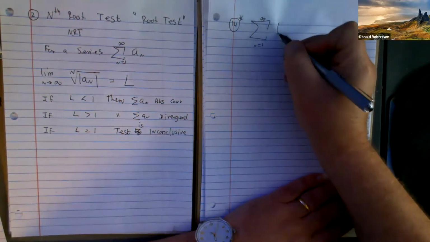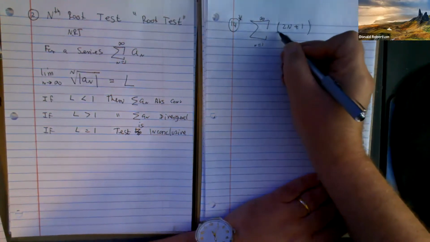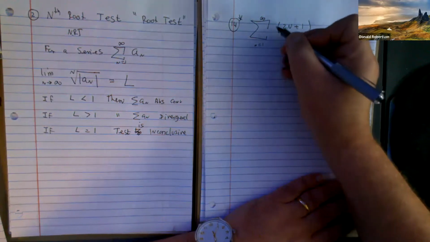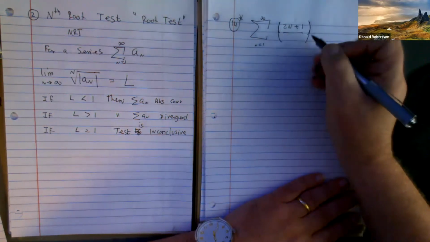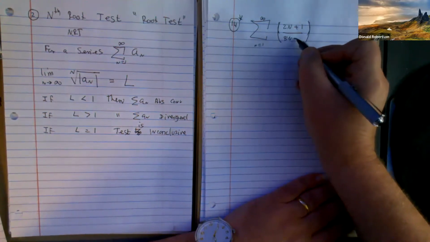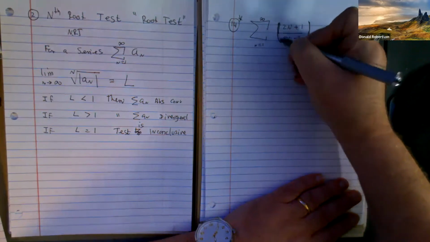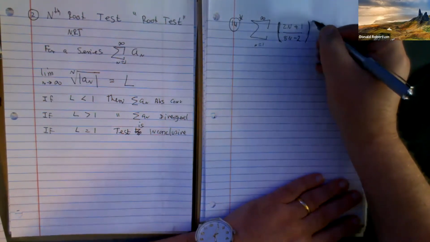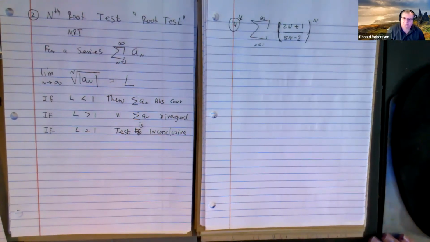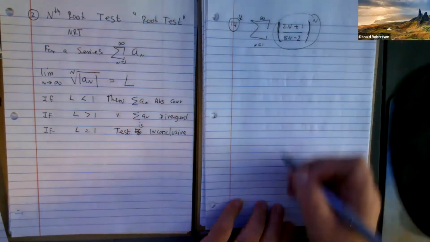And it's going to be (2n + 1) over (8n - 2), raised to the power of n. Now, this is a_n.